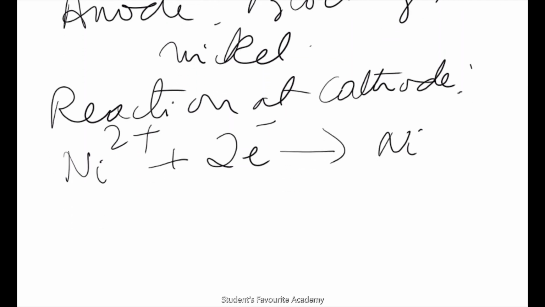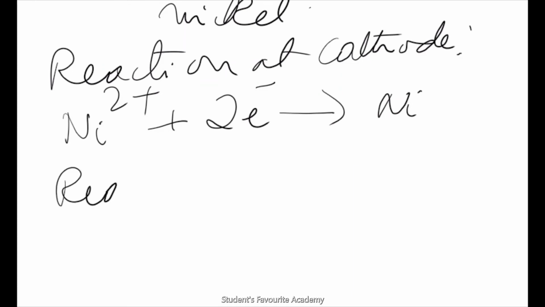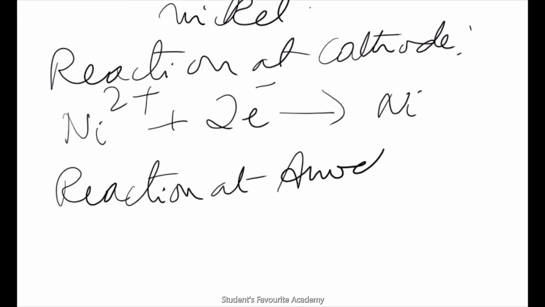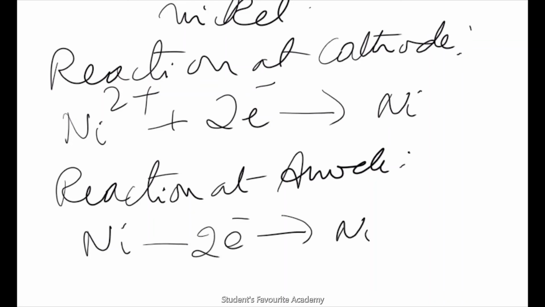And reaction at anode: the nickel atoms lose 2 electrons and form nickel ions, which move into the electrolyte. Okay, is that clear, children?